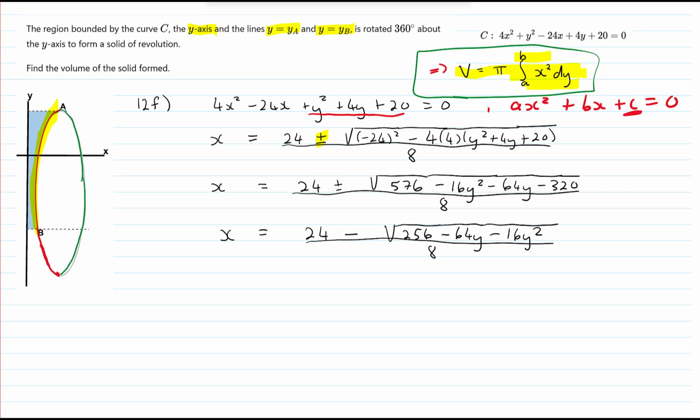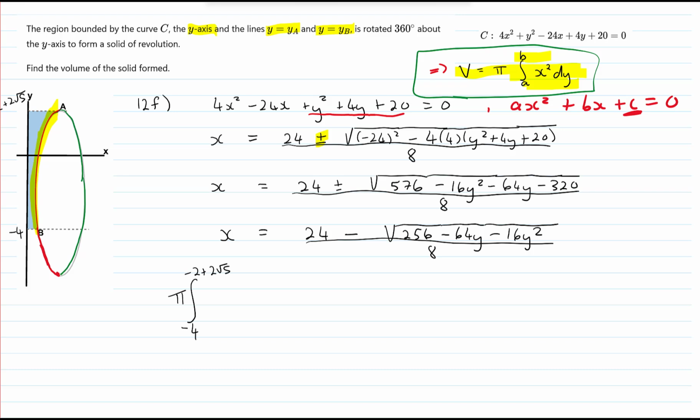Okay, so now that we've got that expression for x, we can set up our integral. So the limits: yb was -4, so this part was -4, and then at the top here, it was -2 plus 2 root 5. I'll take the pi out front because that is just a constant.